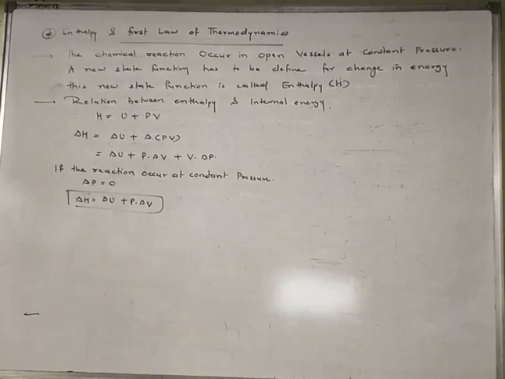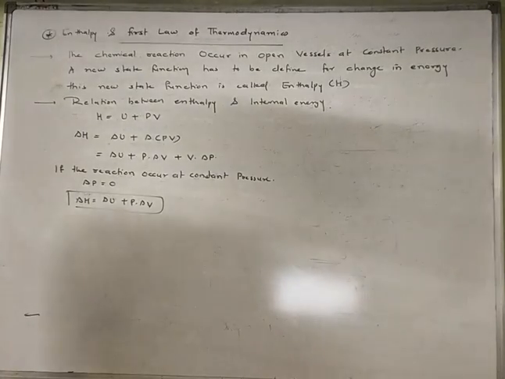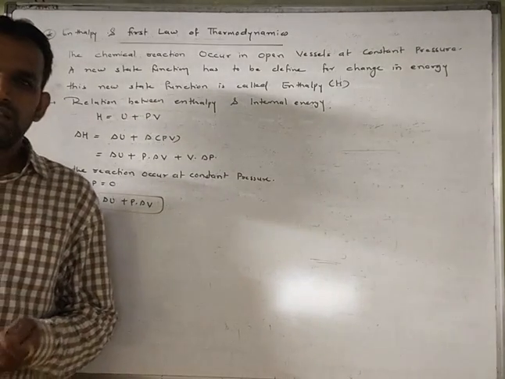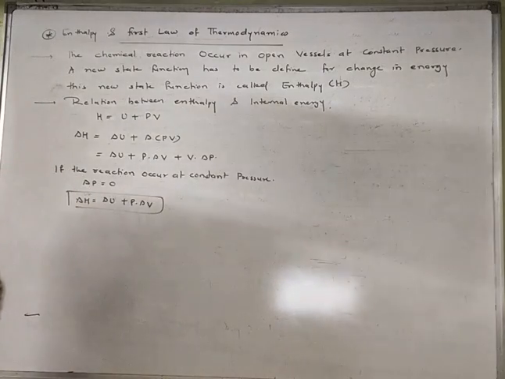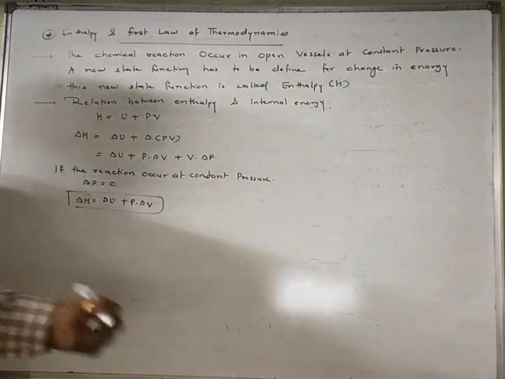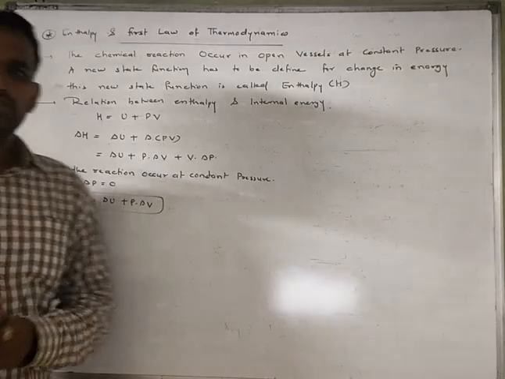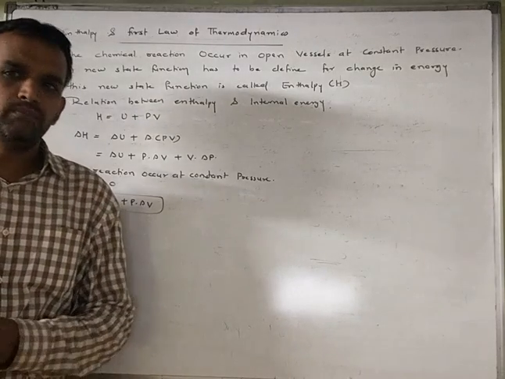Now, according to the first law of thermodynamics, if the reaction occurs at constant pressure, then the work done by the system is only PV type, right? So Q equals to what? QP. Okay.